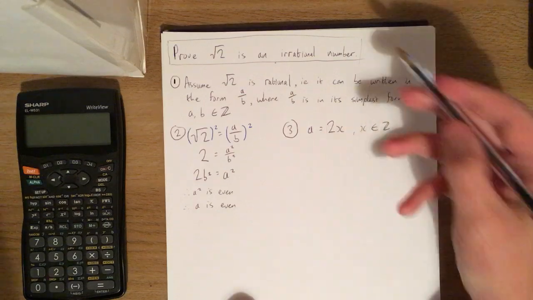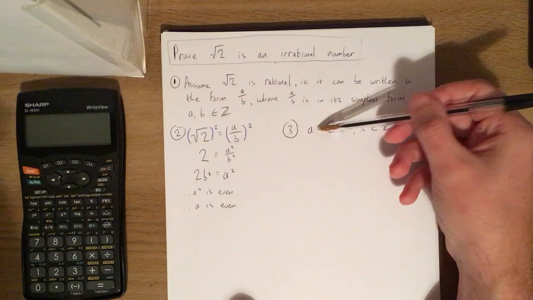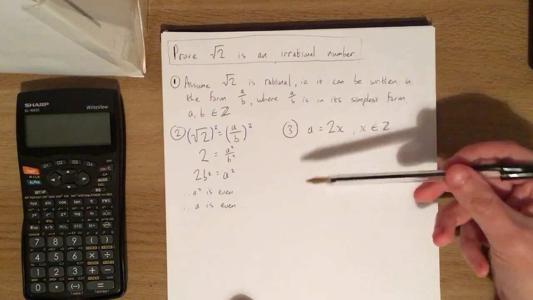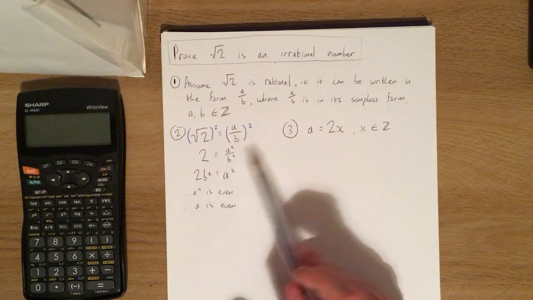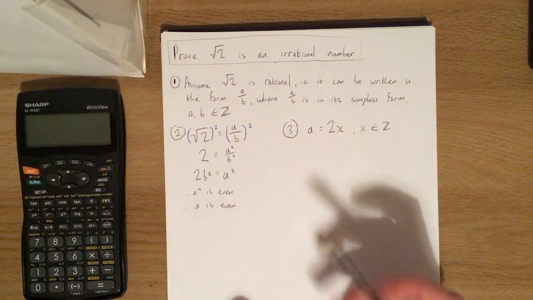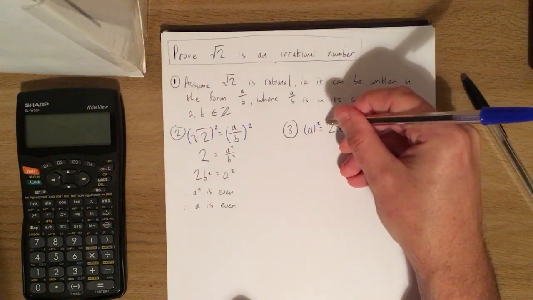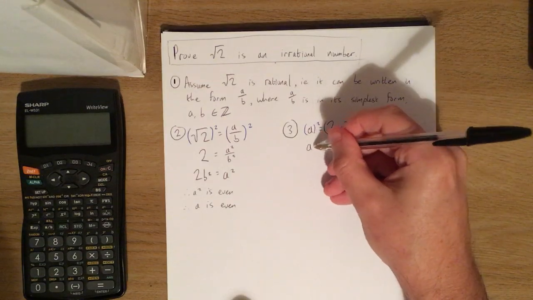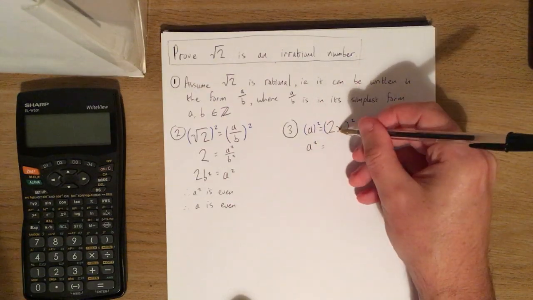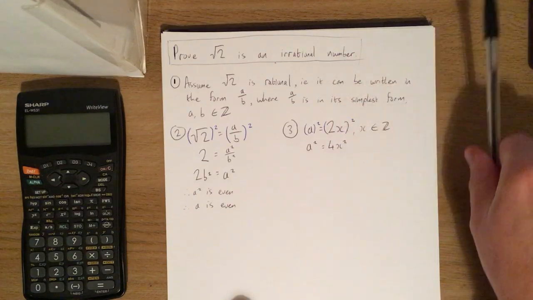Okay, so what I'm going to do now is square both sides, because the point of doing this step is to show b is even. So I'm going to try and sub in for a and for a squared. So next step is to square both sides. a squared is just a squared. 2x all to be squared is 4x squared.